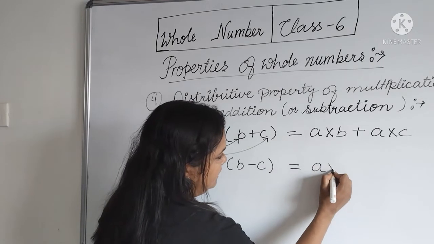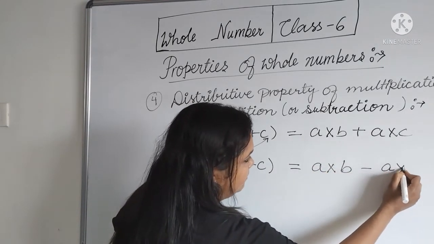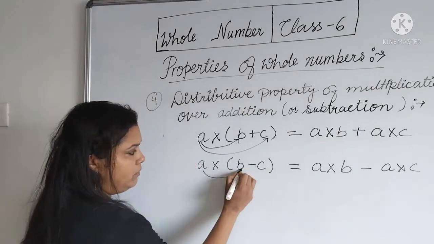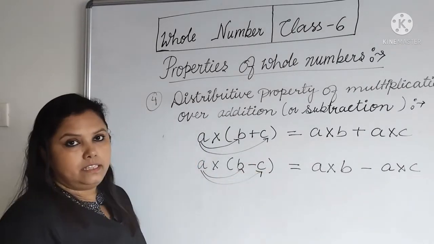So A multiplied by B minus A multiplied by C. So A will be multiplied with this B and also with C.